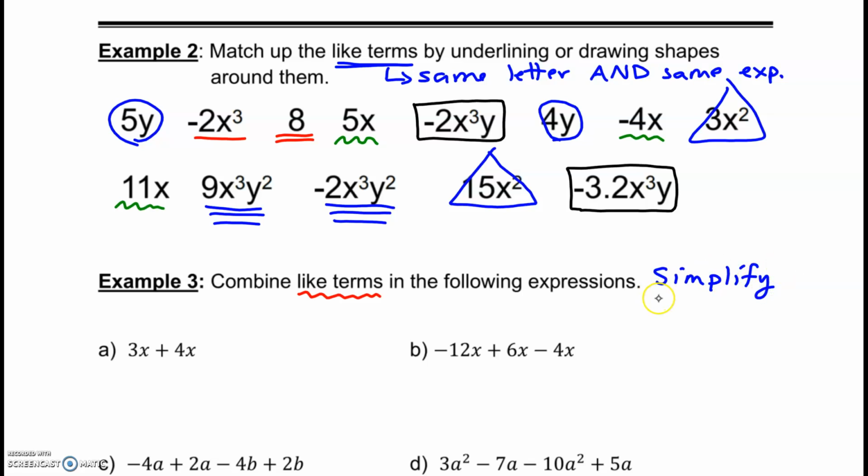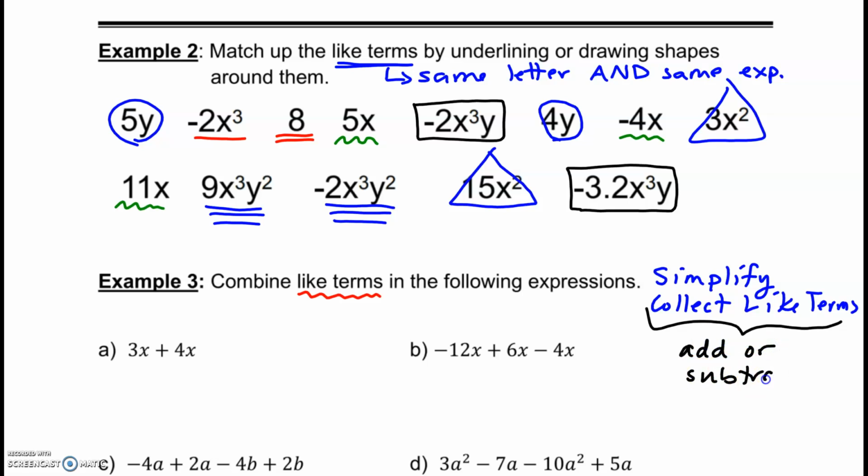Or you might see instructions that say collect like terms. And all of these instructions, when it says combine like terms, simplify, or collect like terms, what all of these mean is that we're going to add or subtract like terms.